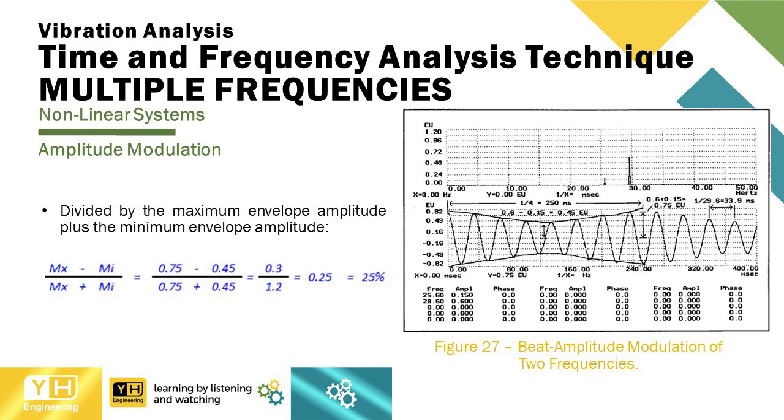MX minus MI divided by MX plus MI, equal to 0.75 minus 0.45 divided by 0.75 plus 0.45, equal to 0.3 divided by 1.2, equal to 0.25, equal to 25%.